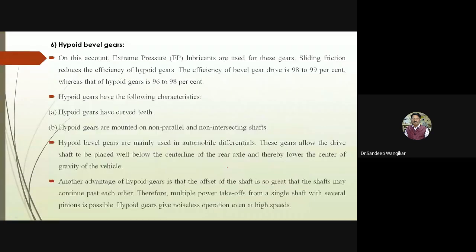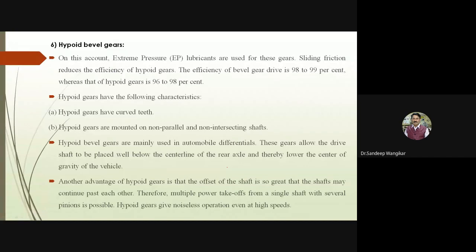About the hypoid bevel gears, we have seen now what the concept of hypoid is. Let us have some characteristics and advantages and disadvantages or limitations of this hypoid. Extreme pressure lubricants, EP lubricants, are required as the sliding is there, and we have already seen that friction is there.